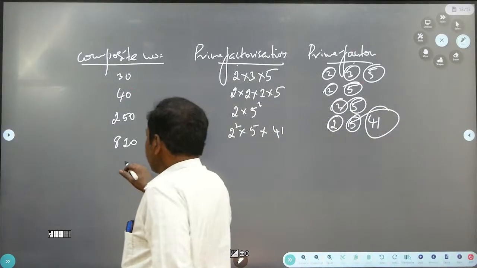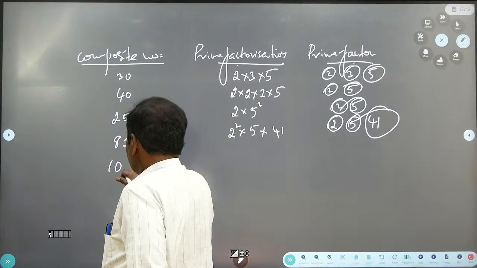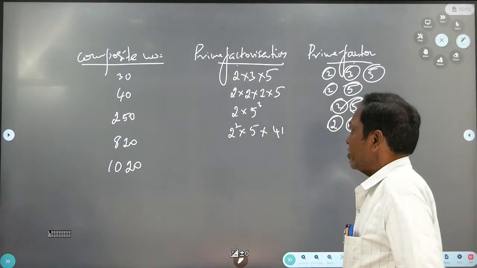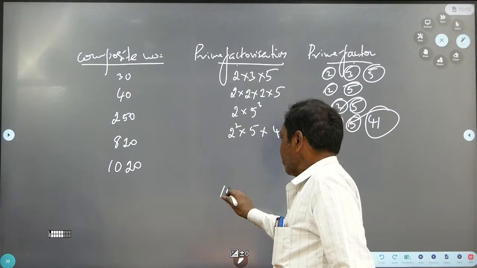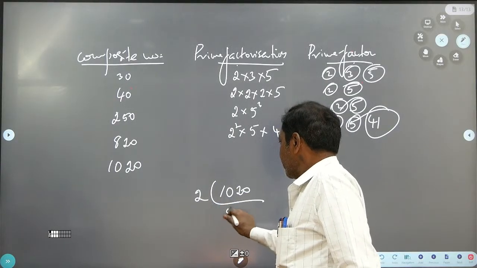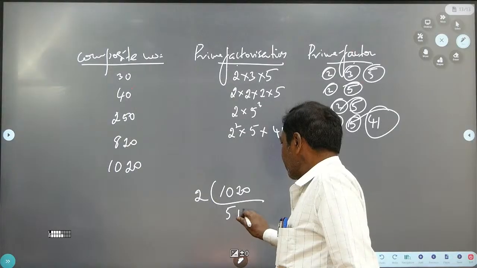The last one, let us see, that is 1020. Now we can see 1020. 2 5s are 10, 2 1s are 0.